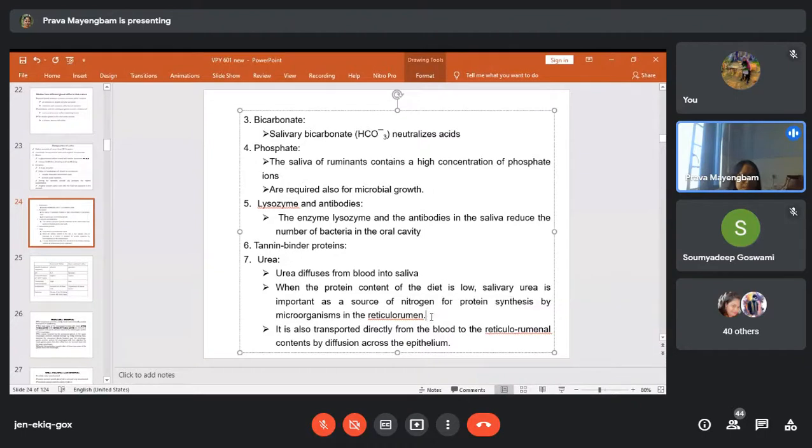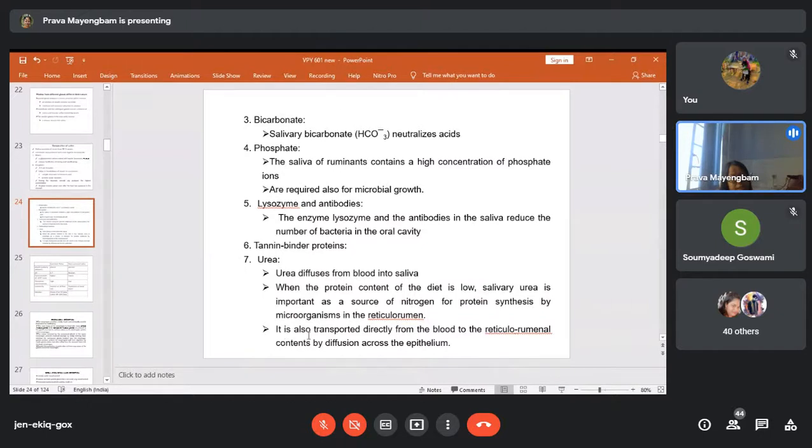This is particularly true, and it plays a very important and major role in protein synthesis in ruminants. So in ruminant saliva, the content of urea is high.